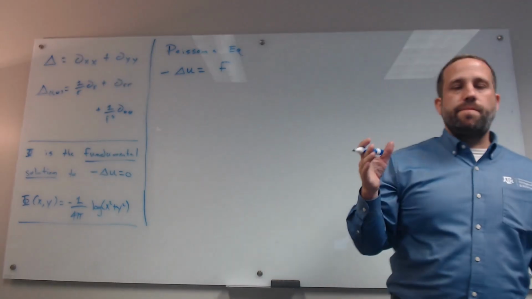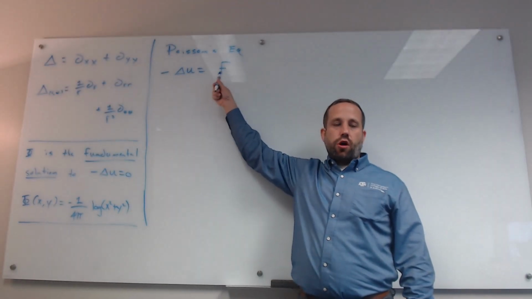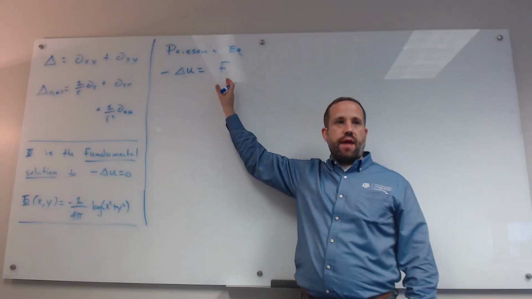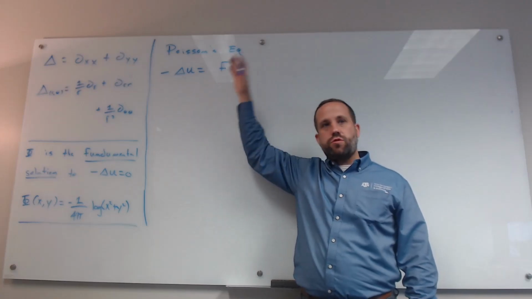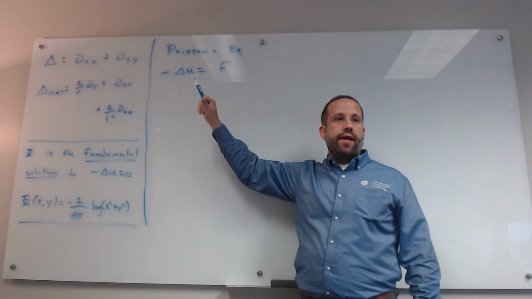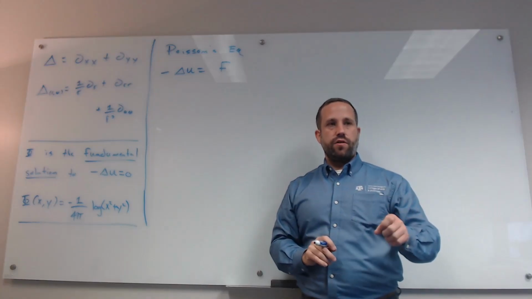Equations like this arise in situations where you have some sort of force distribution, like a charge distribution, or a charge density, or a density of some sort of force, and then u is the potential, and u will tell you the potential energy at any point of that field.